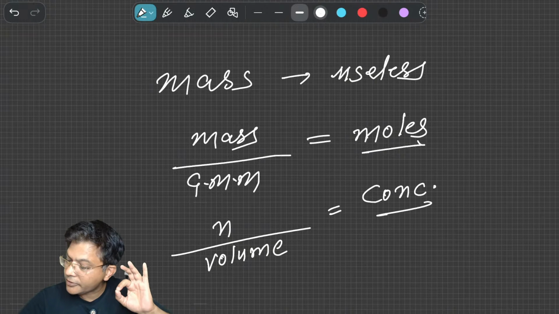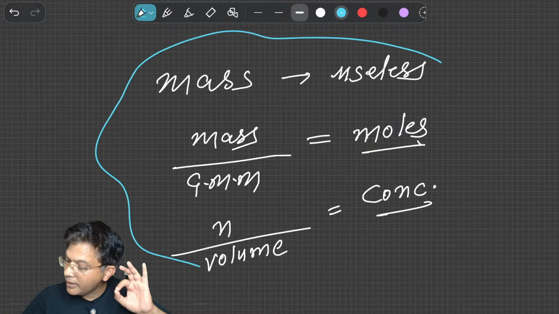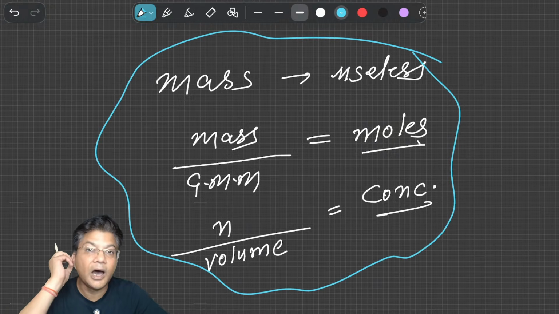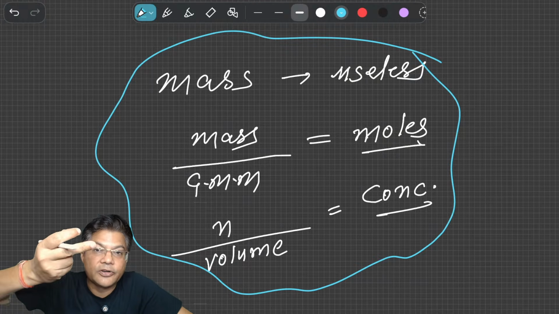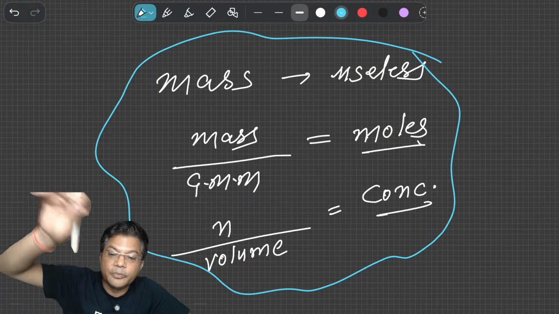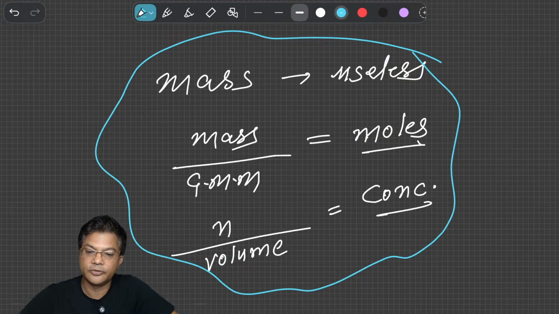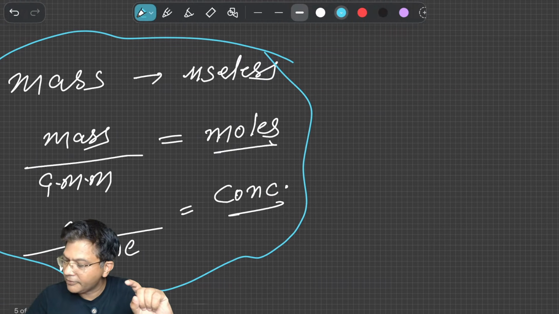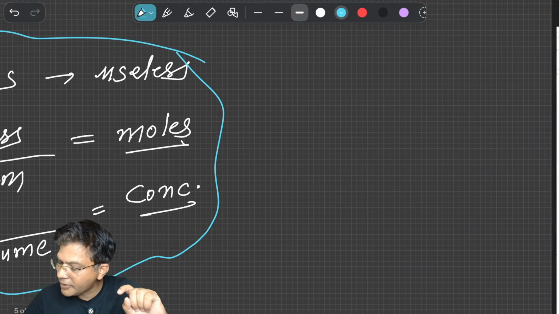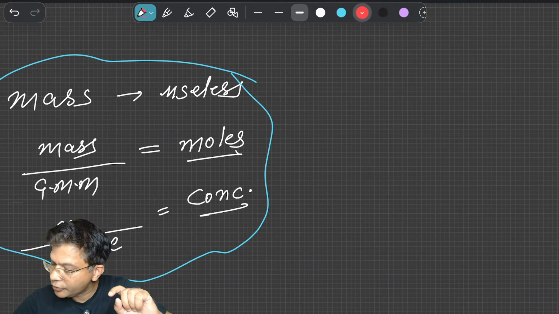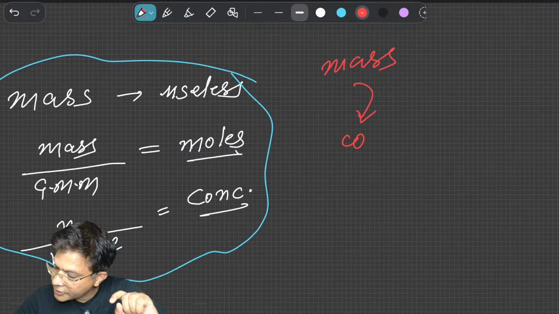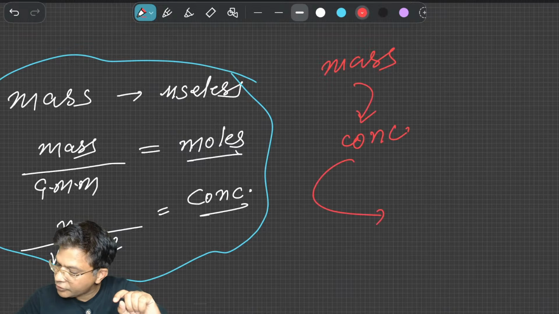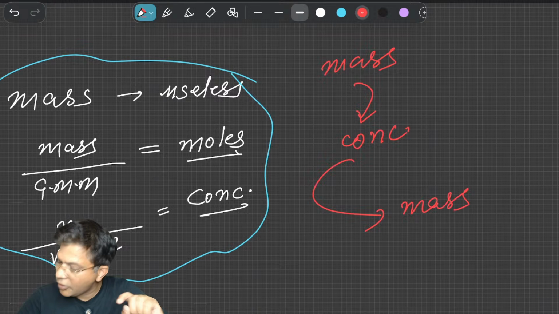So we are given mass. First mass should be converted into concentration, and then concentration should be converted into mass. In this question they have given mass, so mass changes to concentration, and finally changes to mass, then your answer will be there.